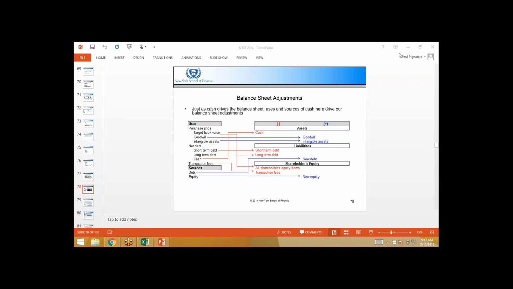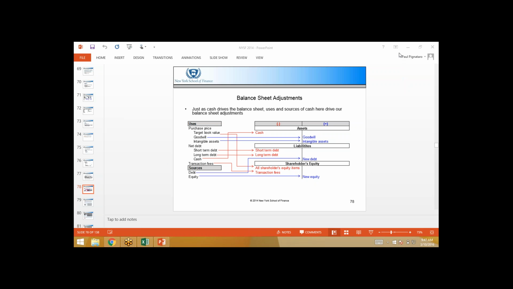So, purchase price can be represented as the book value, intangible assets, and goodwill, a combination of all three. You add these up, this will equal your purchase price: the book value plus intangible assets plus goodwill. Net debt, how do we represent net debt as balance sheet line items? That's easy.